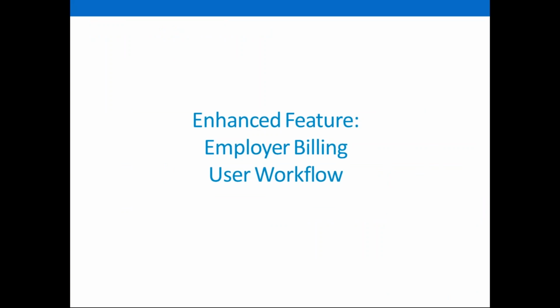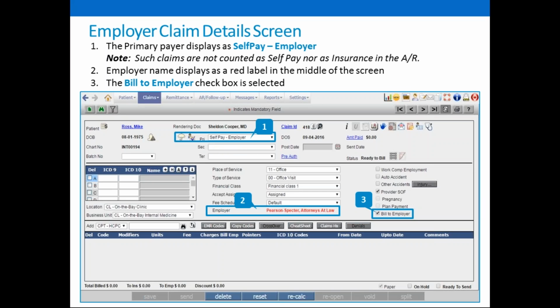So continuing now with the enhancement of this workflow, that is the setup for employer billing. On the details page of your claim, there are 3 points of notice here to differentiate an employer claim from a self-pay or from an insurance claim. And number 1 may visually be a little confusing to you because it is identified as self-pay hyphen employer.